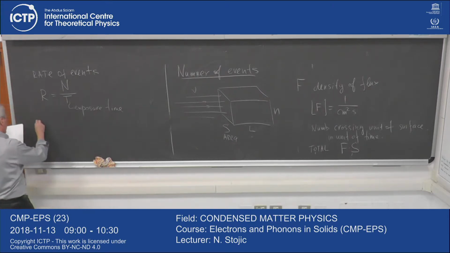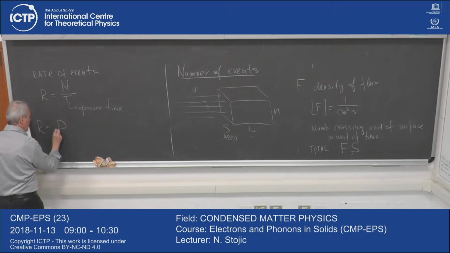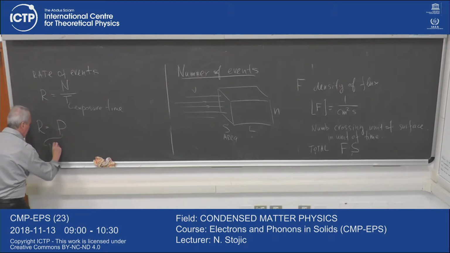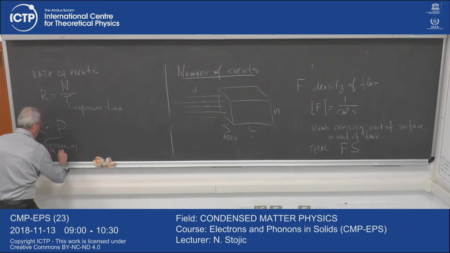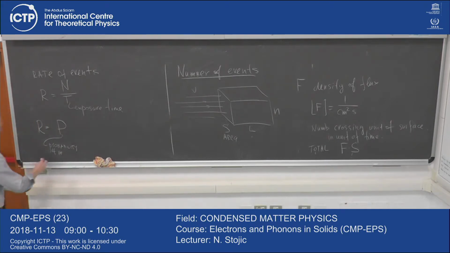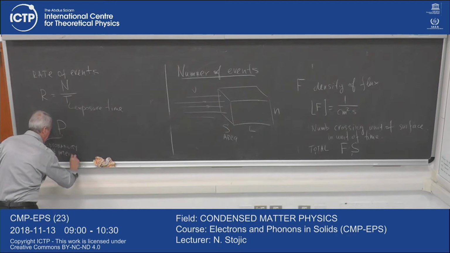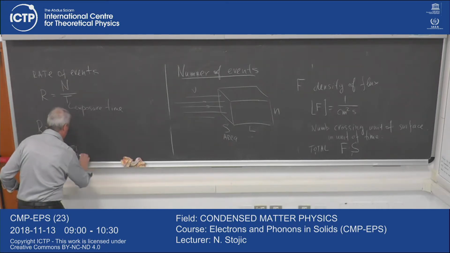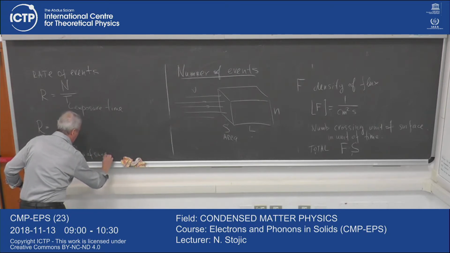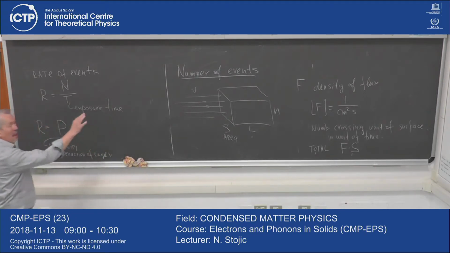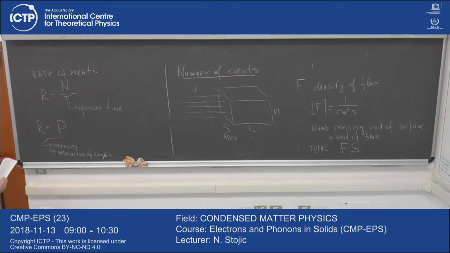So how do we compute this rate? Rate equals P, the probability of interaction of a single neutrino in our detector.